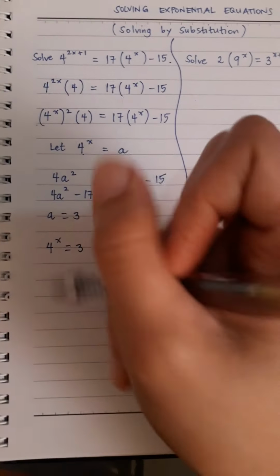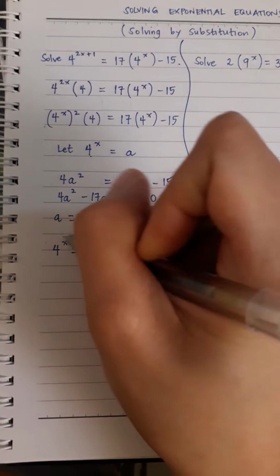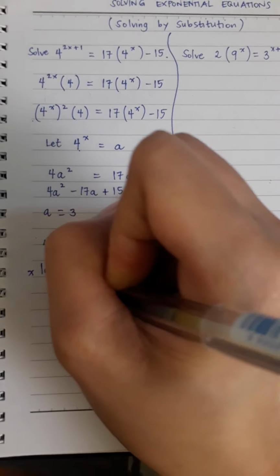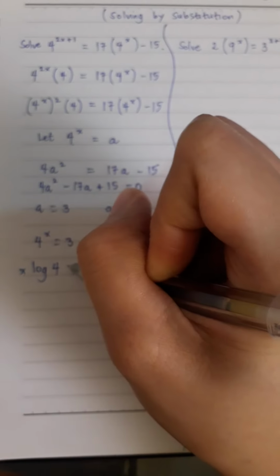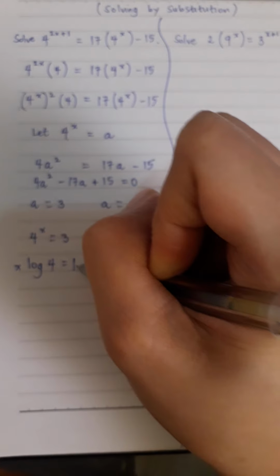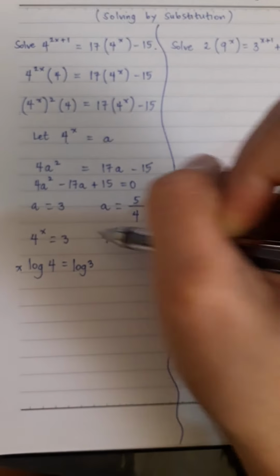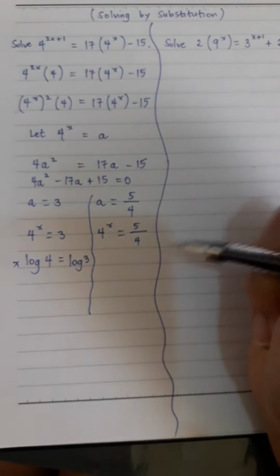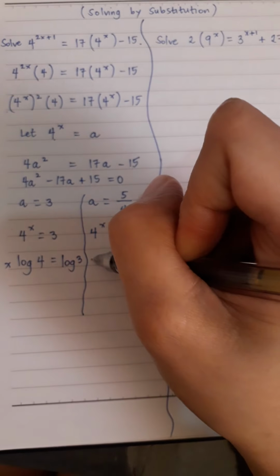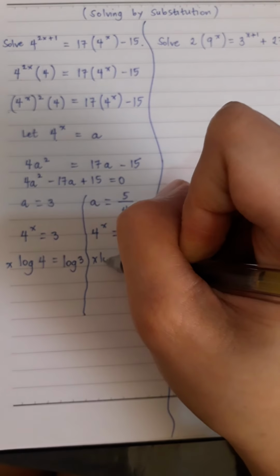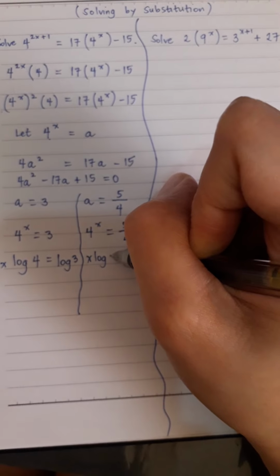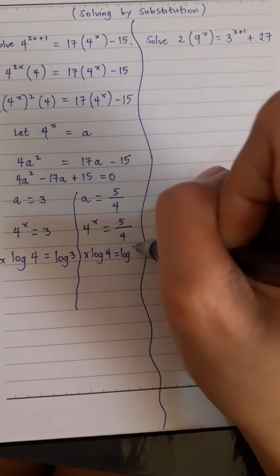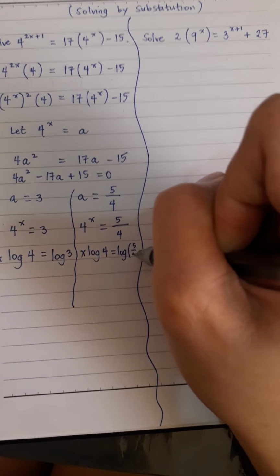So, I'll get x times the logarithm of 4 to the base 10 is equal to the logarithm of 3 to the base 10. Let's just put a divider here. And this is x times the logarithm of 4 to the base 10 is equal to the logarithm of 5 over 4 to the base 10.